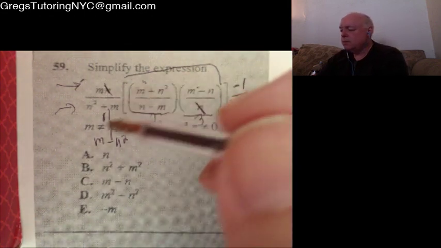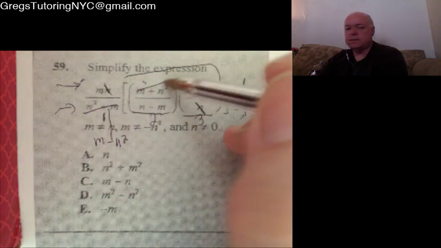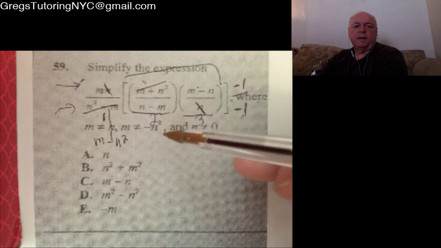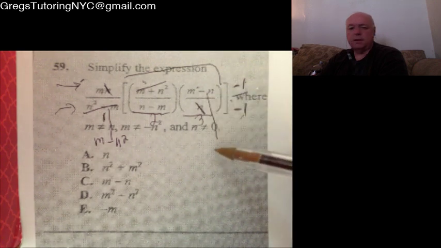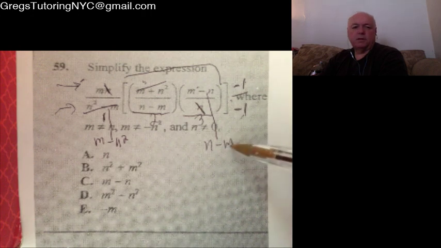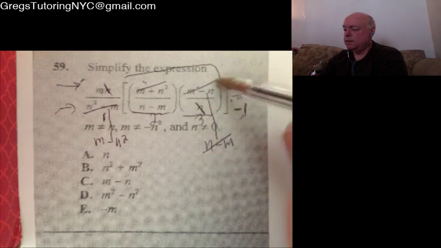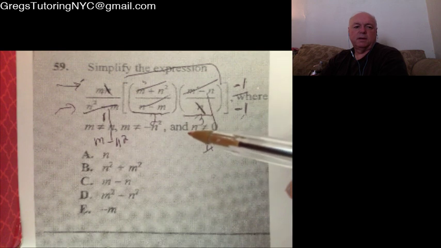So that's going to cancel this and this. And if we multiply the minus on the numerator, we're going to get this one to be n minus m, which turns out to be this.